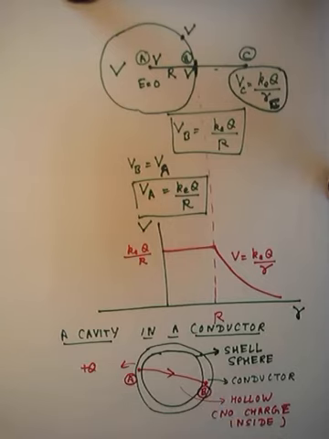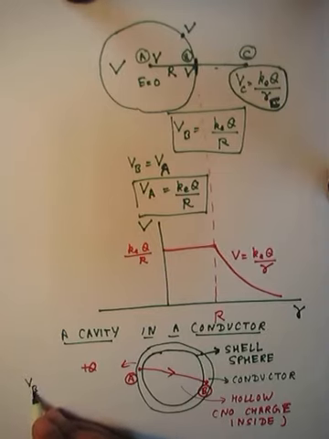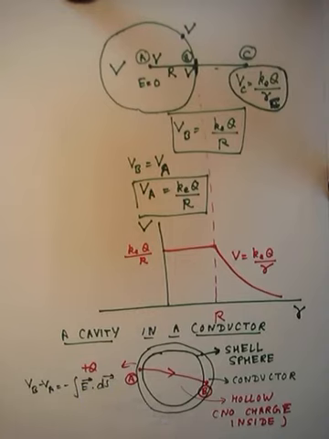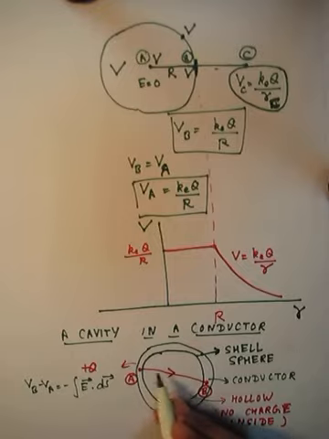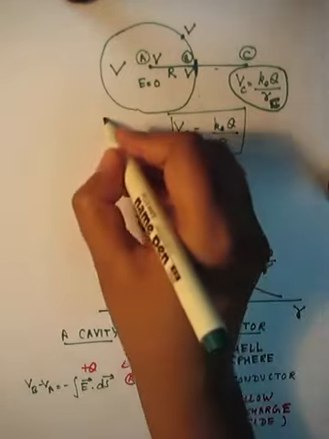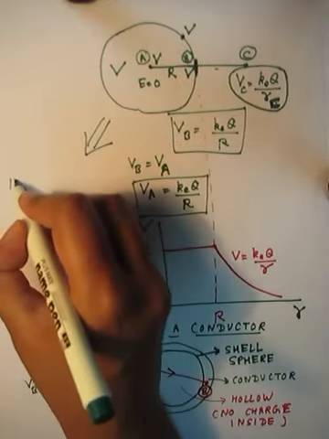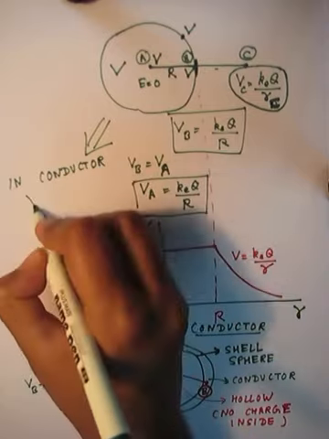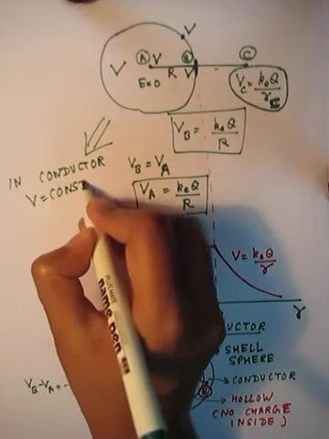So VB minus VA will be equal to the integral of E vector dot ds vector. Because it is a conductor, it should have the same potential, as we have learned from here that in a conductor the potential will remain constant everywhere.